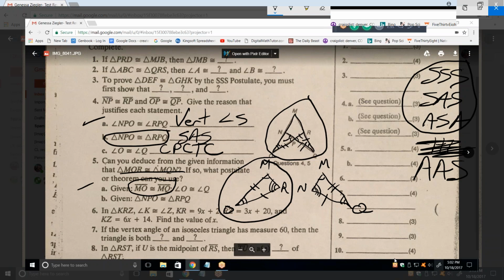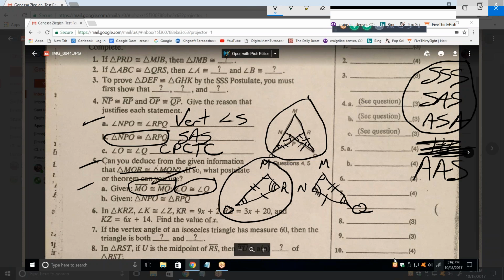triangles. In other words, this picture that I have shown here, we just proved right there that MOR is congruent to MQN, right? Right. Well, that's the reason that's true. It's not so much because of that.